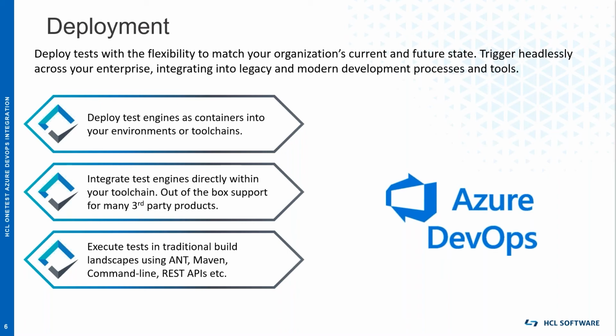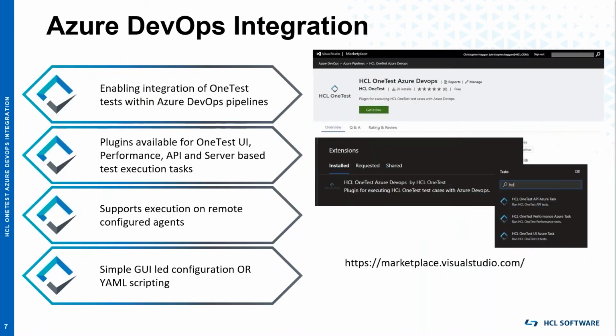So speaking of continuous integration, continuous delivery solutions, and third-party integration, we have our Azure DevOps integration. And this is available from the Visual Studio Marketplace. It is available for free if you have the One Test Studio available and you're running the One Test Server.